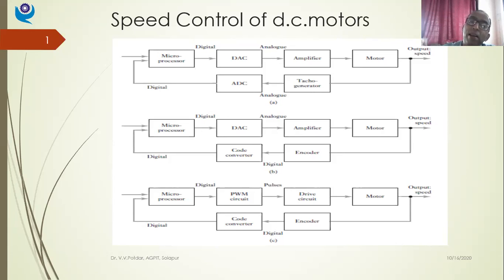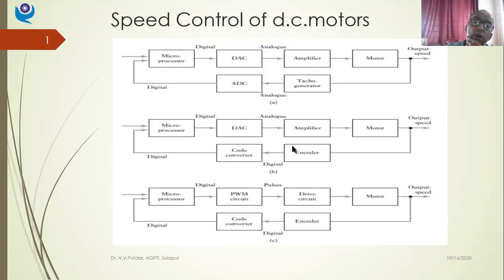Instead of the analog signal generated by the tacho generator, here the encoder will generate an equivalent digital signal corresponding to the speed. This digital signal can be a simple binary digit, a 4-bit word, or an 8-bit word. It depends on the type of encoder I have used.